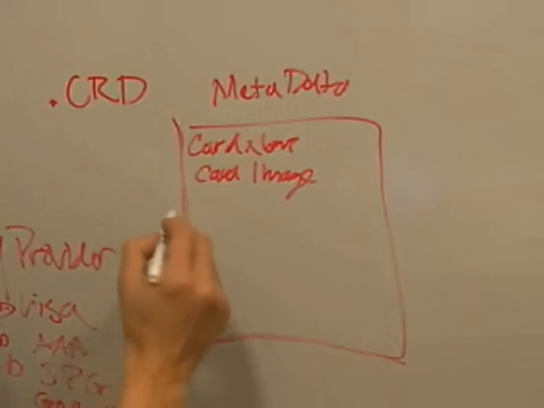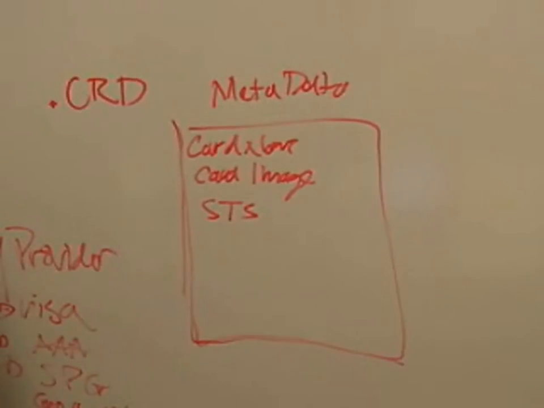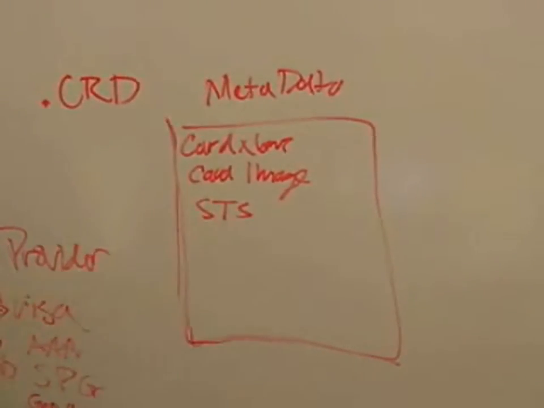More importantly, where to get the SDS. SDS is Security Token Service. We'll talk about it. So that's where you get the data from. All the card says is where to get the data from. There's no real interesting data in there. It's not my name, or my age, or my credit card number. None of that is in the card itself. The card just says where to get that data from.